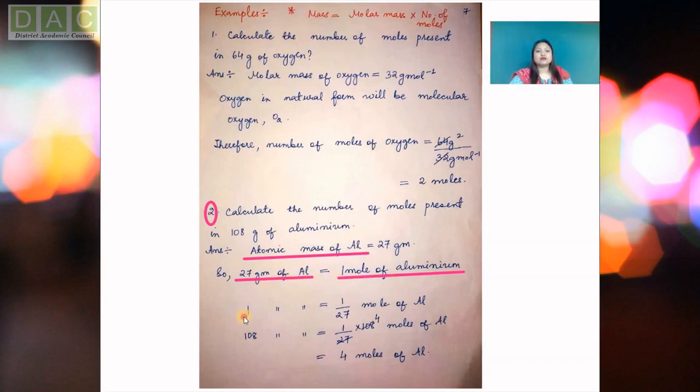And again, 1 gram of aluminium will be equal to 1 divided by 27 mole of aluminium. And so since we have to find the number of moles in 108 gram of aluminium, 108 gram of aluminium will be equal to 1 divided by 27 into 108. So if we cancel them, we will get 4 moles of aluminium. So the answer is 4 moles.